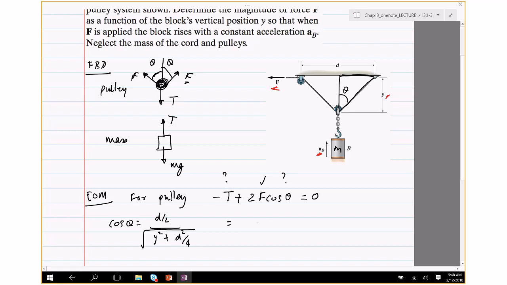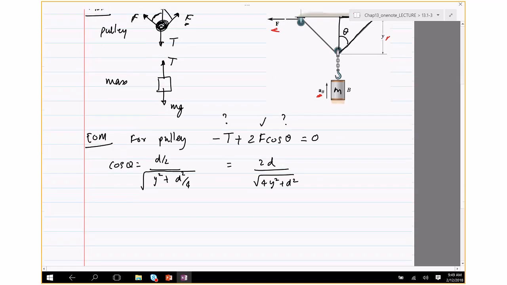Or I can simplify this as 2d divided by the square root of 4y squared plus d squared. I'm just taking this 4, multiplying it there, that 4 comes out of the root and cancels with this 2 to give a 2. So I can put this in here and solve for T. T equals 2F cosine theta, so 4Fd over the square root of 4y squared plus d squared.